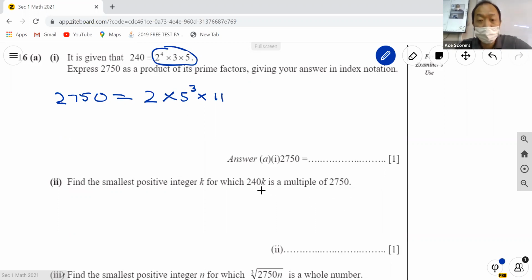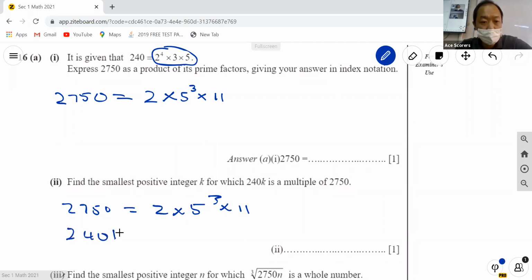Okay, so to make, let's compare. 2750 is 2 times 5 cube times 11, and I have a 240k. So for 240k, I got 2 to the power 4 times 3 times 5.